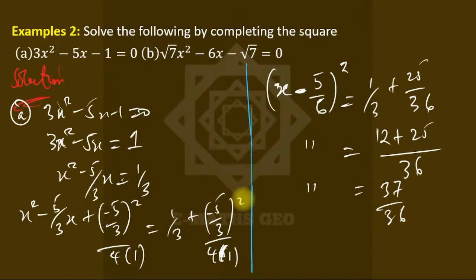So now we move the square to the right hand side. So the square root is now plus or minus 37 over, the square root of 36 is 6. So the next step is to move. So I have x minus 5 over 6 to be plus or minus 37 over 6.